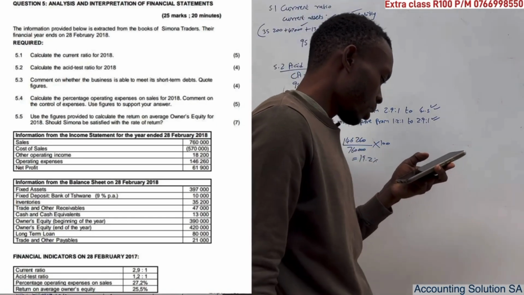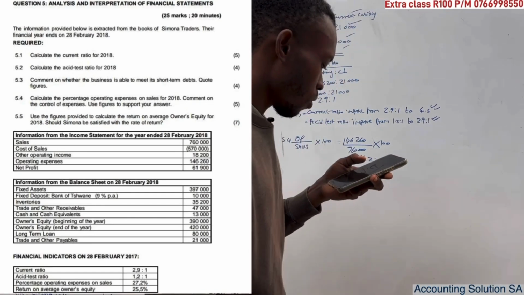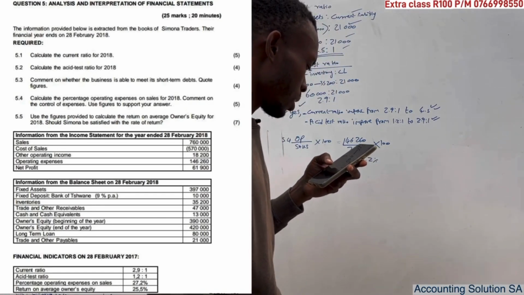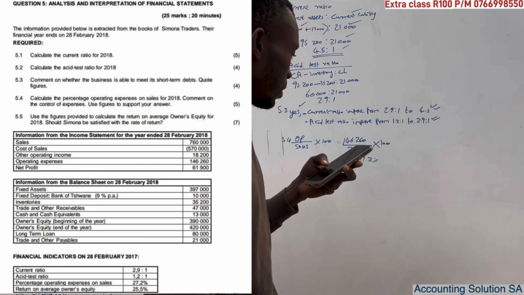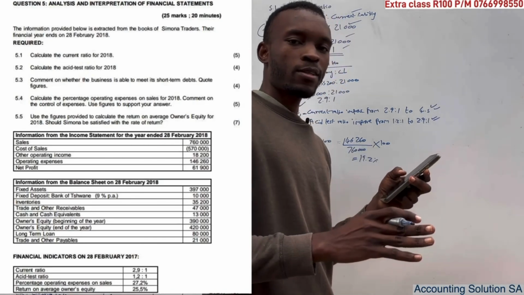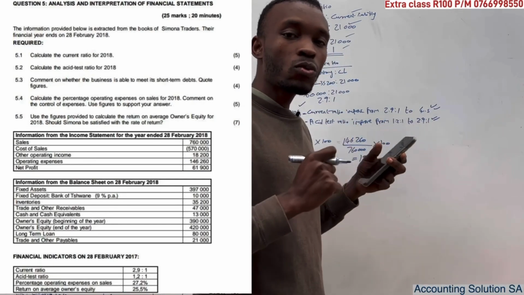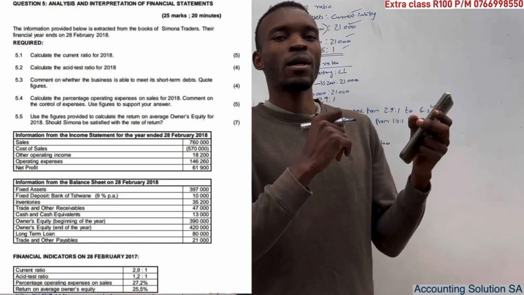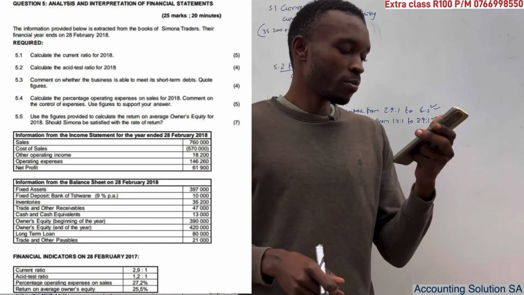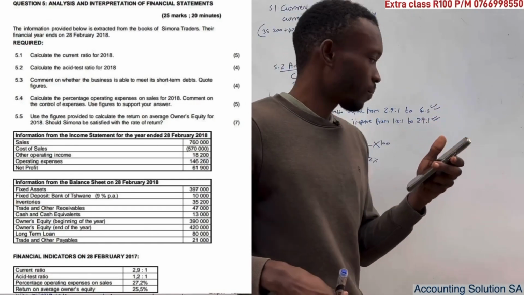And if you check last year, it was 27.2, because they said we need to comment on the control of expense. If expenses decrease, it's good for the business, because as a business, we don't want to spend. We want more money than to spend. So last year we spent 27.2%.